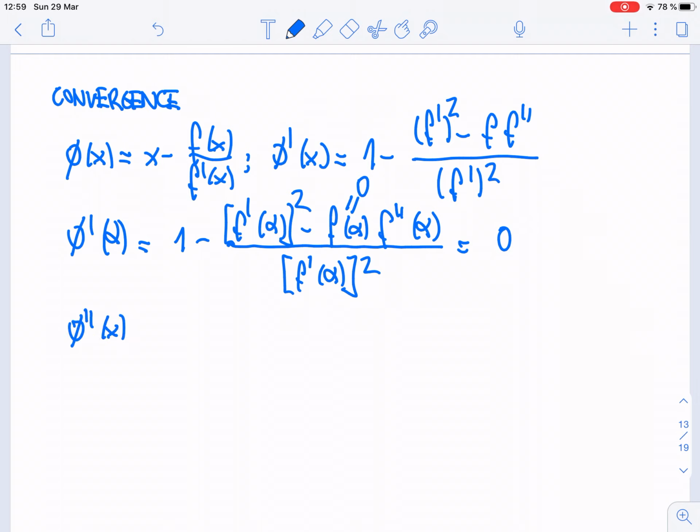If we differentiate again, we're skipping the details in this video and leaving this as homework, and evaluate the second derivative in alpha, we conclude that it's different from 0.